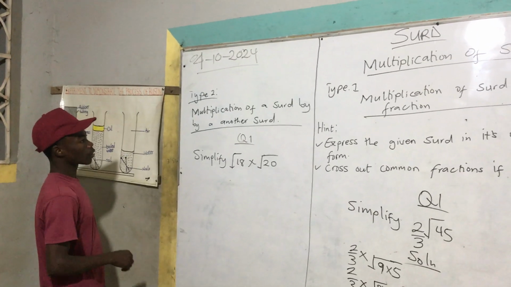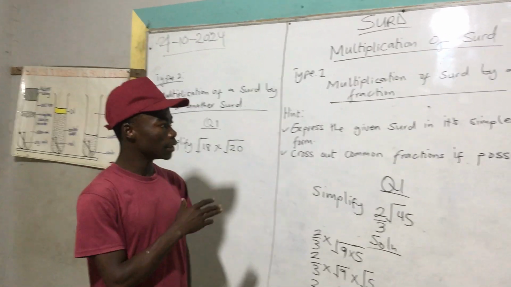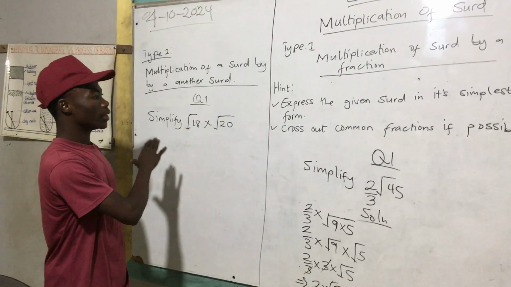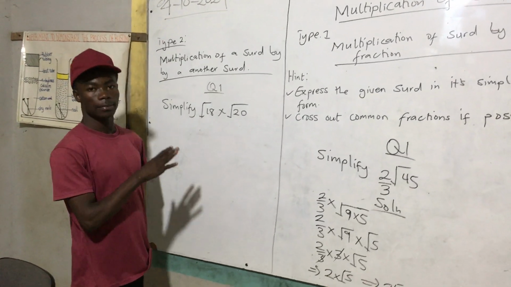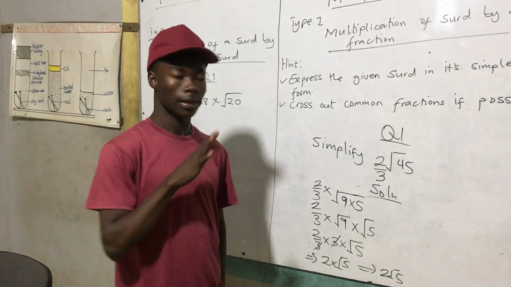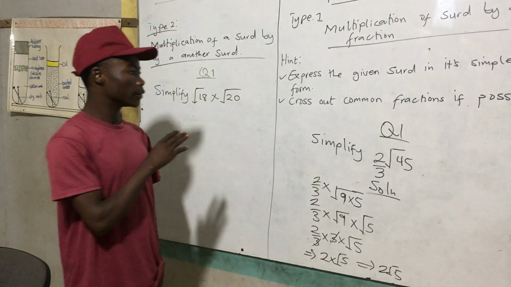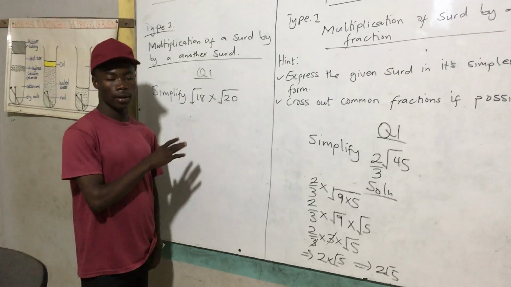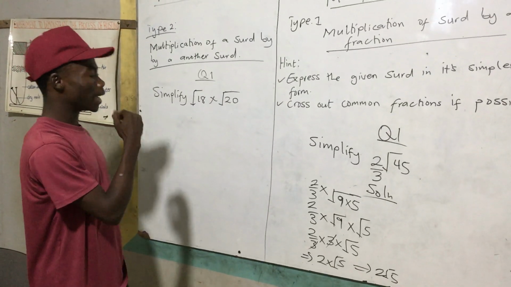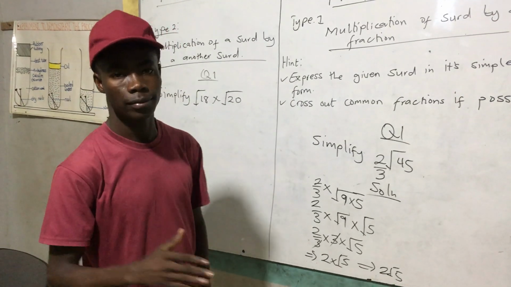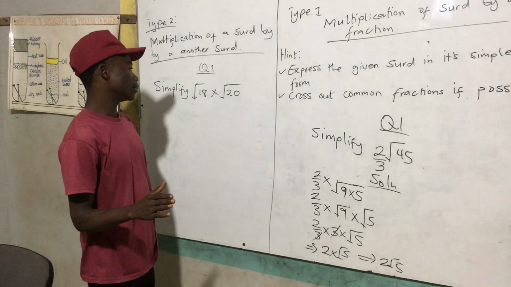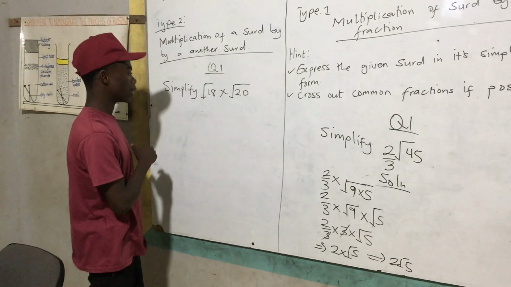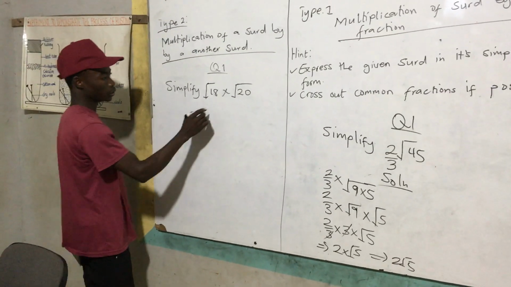Alright. So the hint here is to express this given surd in its simplest form. After you are done with that one, then you group like terms and you multiply them. Right, so let's look at the solution here.